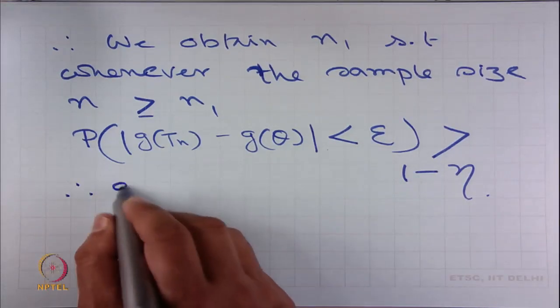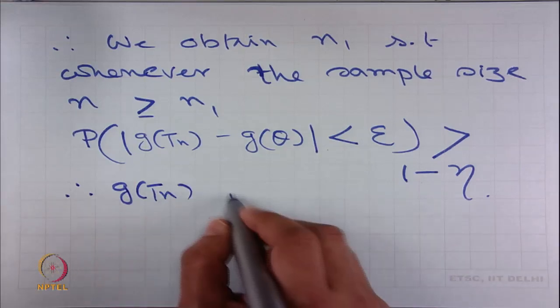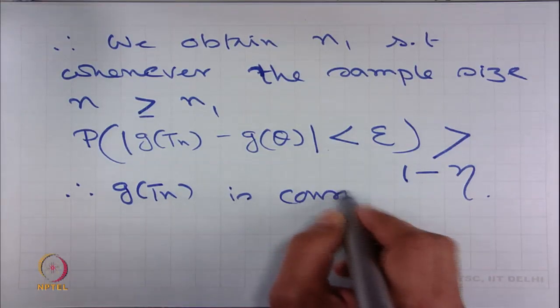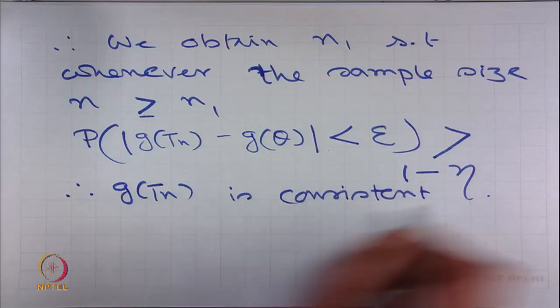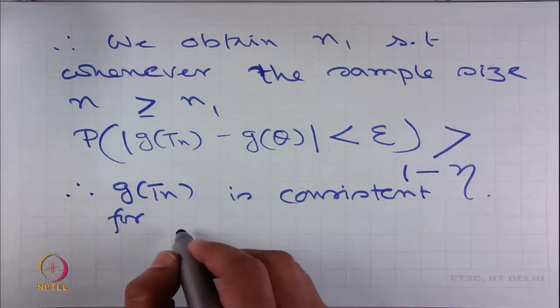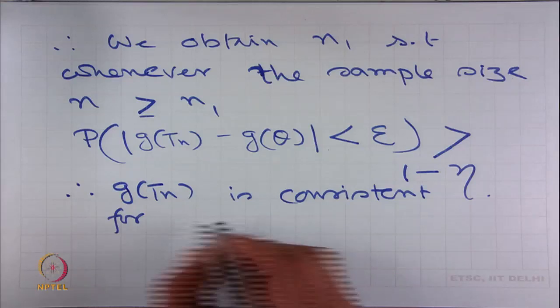Therefore, g(Tn) is consistent for g(theta).